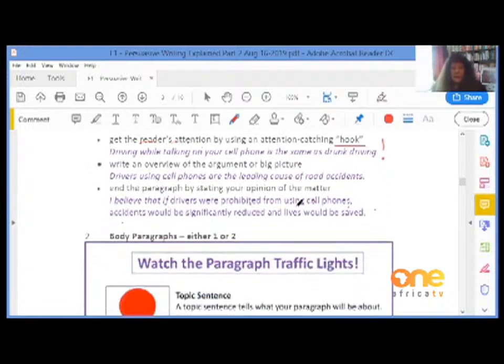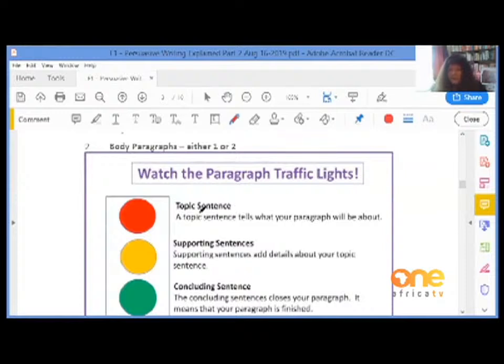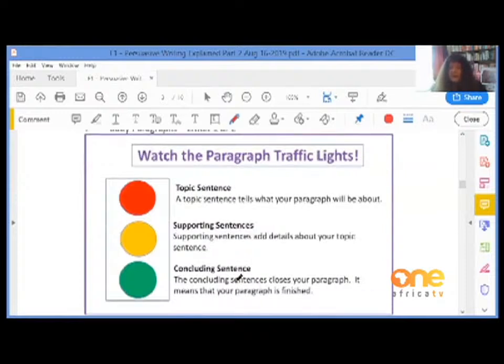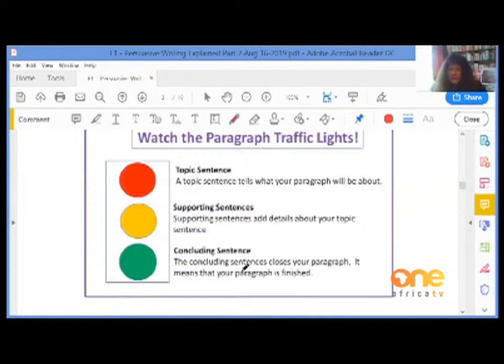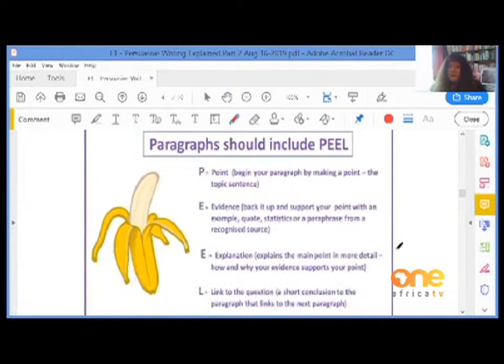Now, just as a reminder, we put here the body paragraphs must have a topic sentence, supporting sentence, and a concluding sentence, okay? We also said paragraphs should include P, the point you're making, the topic sentence. E, the evidence.